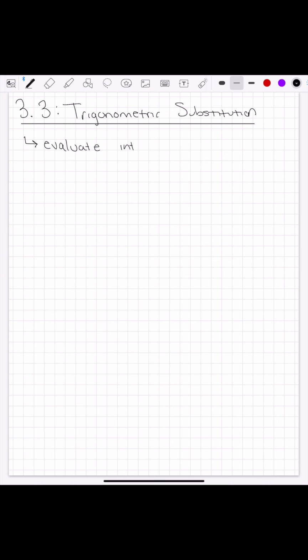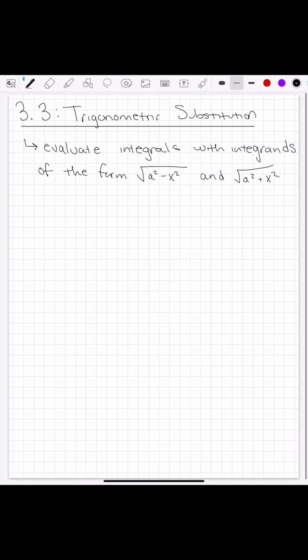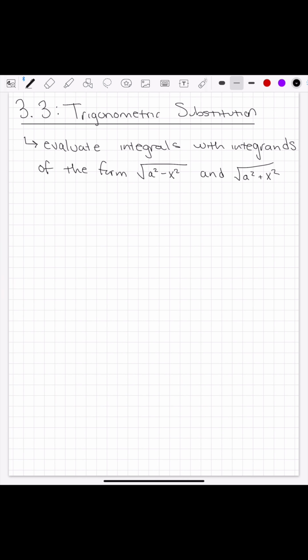integrals with integrands of the form square root of a squared minus x squared and square root of a squared plus x squared. And we've seen some integrals that look a little bit like this, but not all. So this will allow us to evaluate even more kinds of integrals.